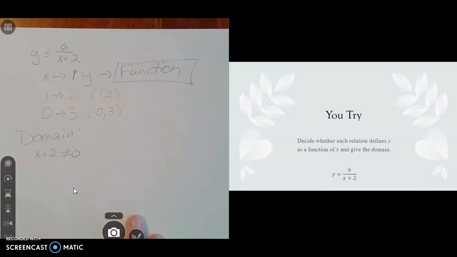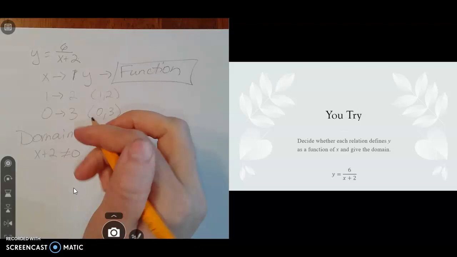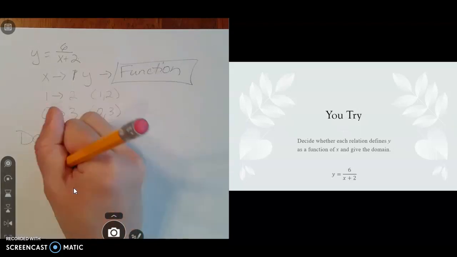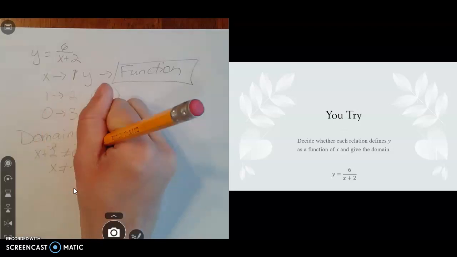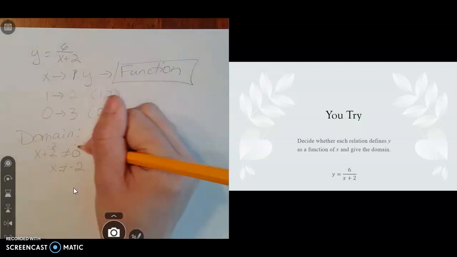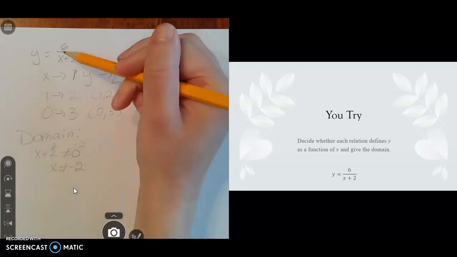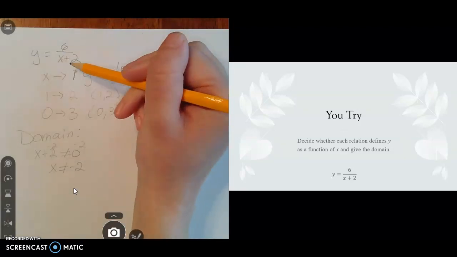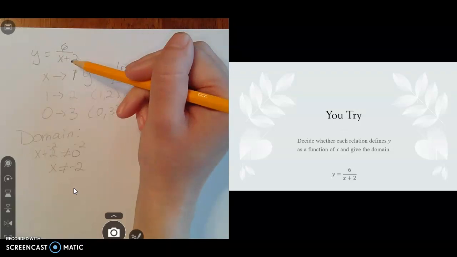For my x, that means x can't be negative 2. I'm getting that by subtracting 2 from both sides and solving for x. If x is negative 2, then negative 2 plus 2 is 0, and then we're dividing by 0, and it gives us this undefined thing.